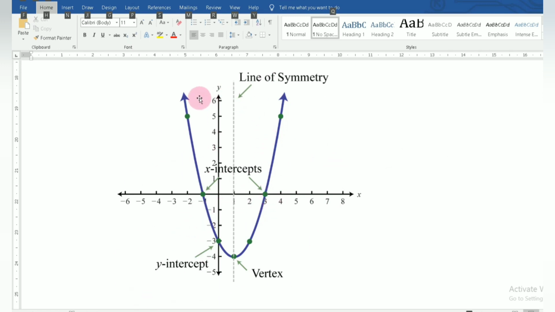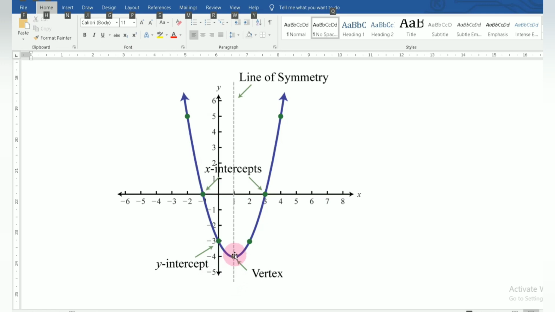This is a facing upward one, and you have to know the terminologies of some important key points. The first one is x-intercepts. This parabola has two x-intercepts, the intersections with the x-axis. It has one y-intercept, the intersection with the y-axis.